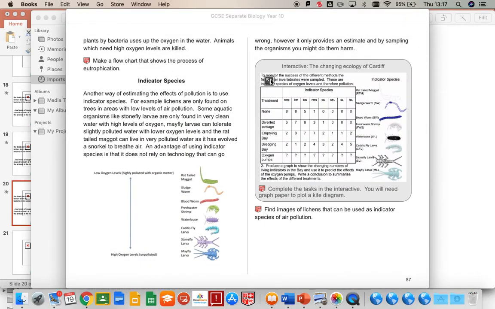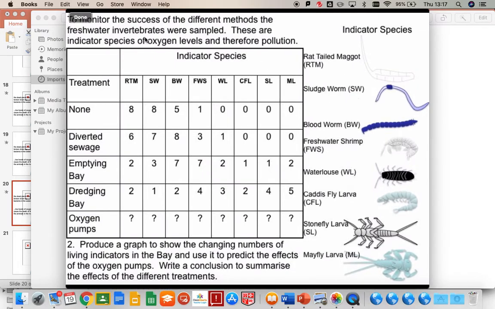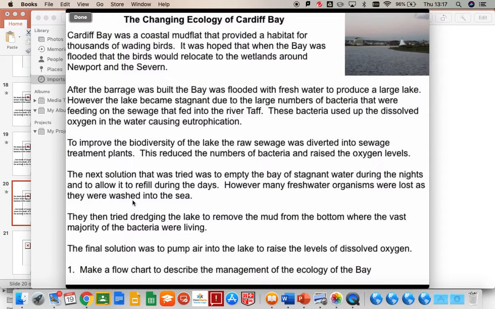Okay, so this is based on what happened in Cardiff Bay. You might be a bit young to remember what life was like before the Cardiff Bay, but when you come into Wales from the M4, just before you get to Newport, you have all of that area on your left-hand side, which is basically mudflats, and that's what Cardiff Bay was like before it was developed.